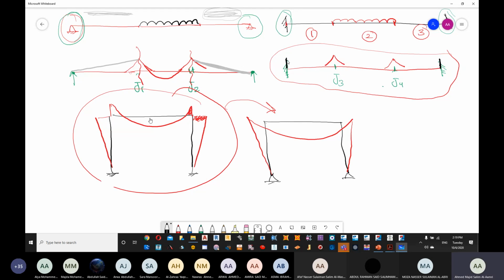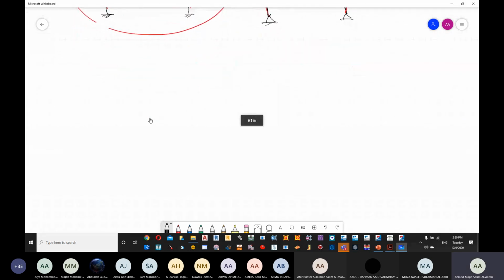But when it comes to a frame, normally there are two ways to draw it. Either it can be like this. It's linear only. There are no loops.